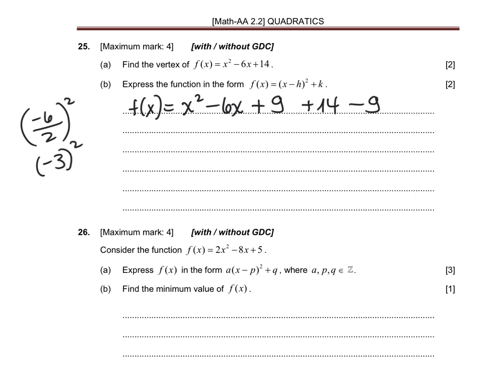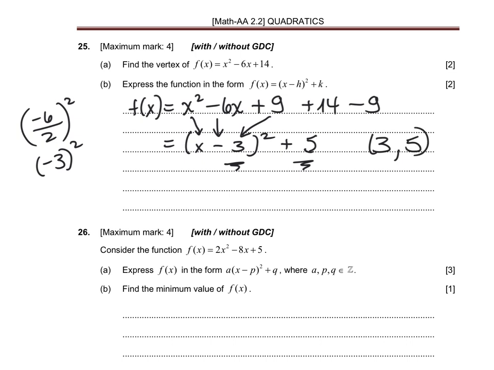You have to subtract it. This factors into x minus 3 squared, square root of the first thing, that sign, square root of the last thing, plus 14 minus 9 is 5. So that means the vertex is 3, the opposite of that, and the same thing as that, 5.